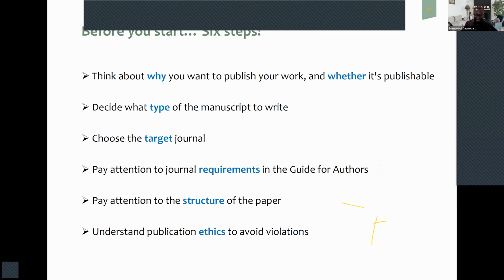I have seen some manuscripts people write where, in the results section, everything is just paragraphs, no subsections. You go to the discussion section, again paragraphs, but no subsections. Each of these should have subsections.